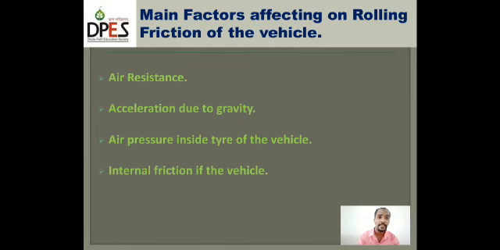If we increase the air pressure inside the tire, then friction goes on decreasing, and if you decrease the air pressure, friction goes on increasing. Again, the internal friction of the vehicle is there, and because of that consumption of fuel takes place. So that is again a very important factor affecting the rolling friction.